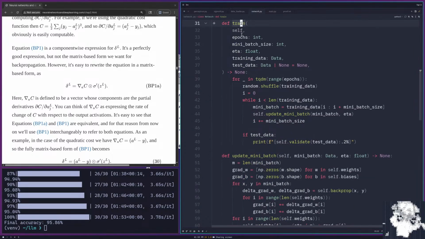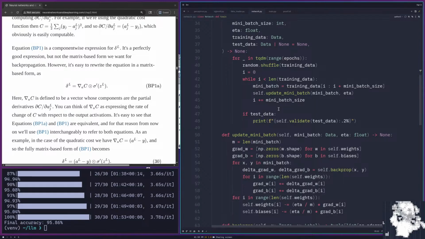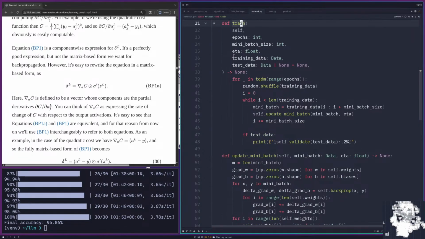When you want to train, we want to figure out the direction of the gradient of the cost function with respect to all of the weights and all of the biases. And then we want to move by a small amount, which we'll call eta, in the negative of that direction. So we want to go in the direction that minimizes the cost.